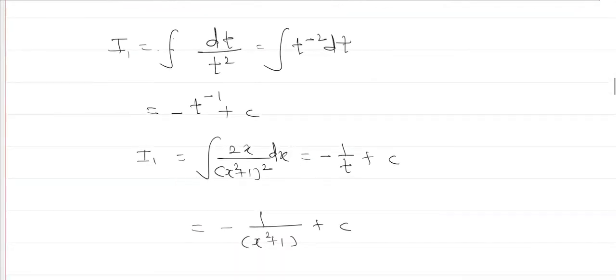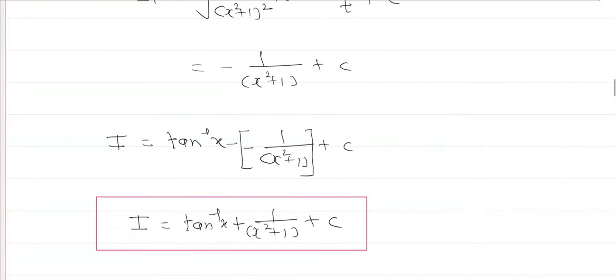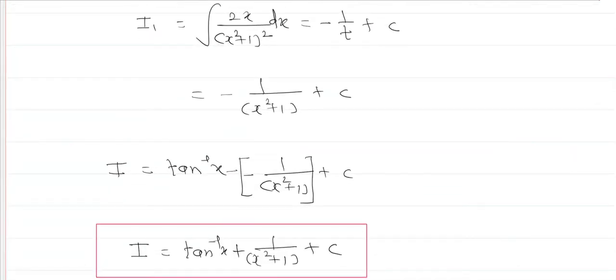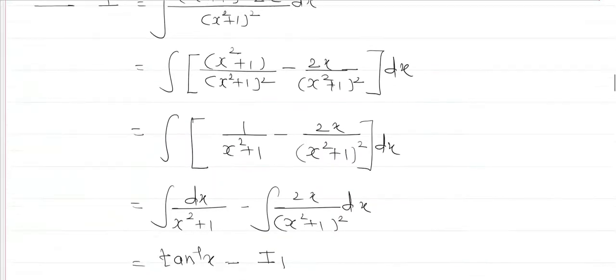I1 ची व्हॅल्यू किती मिळाली होती आपल्याला, minus 1 upon x square plus 1. मग ही व्हॅल्यू आपण तिथे टाकणार मायनस, आणि ते आधीच आपल्याला मायनस होता. That minus minus will become plus. Therefore I is equal to tan inverse of x plus 1 upon x square plus 1 plus c. Now see this here. Separate.